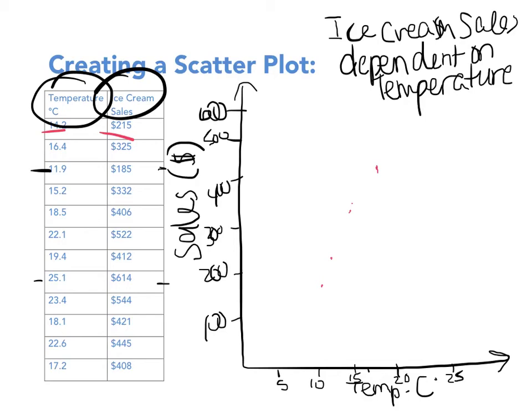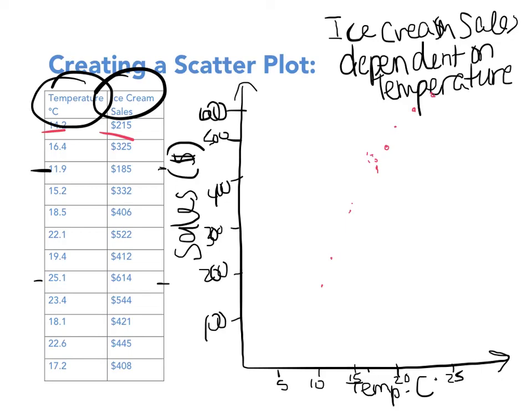It doesn't have to be super accurate as long as you're in the general area. 22.1 and 522. 19.4 and 412. 25.1 and 614. Be up here in the title. 23.4 and 544. 18.1 and 421. 22.6 and 445. And then 17.2 and 408.